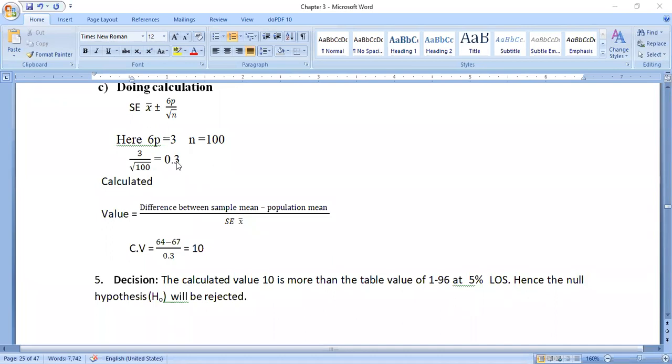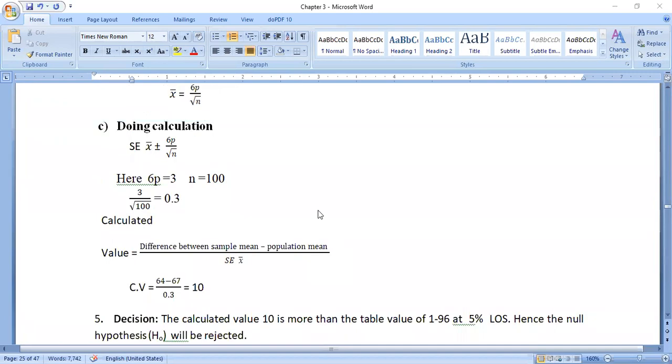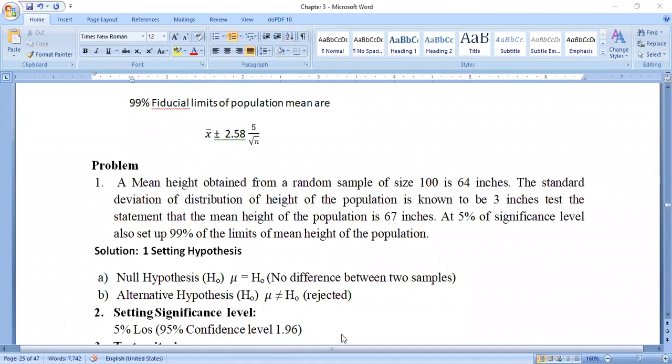Then the calculated value is equal to the difference between sample mean and population mean divided by standard error of X bar. Sample mean is 64, the mean height of a random sample.